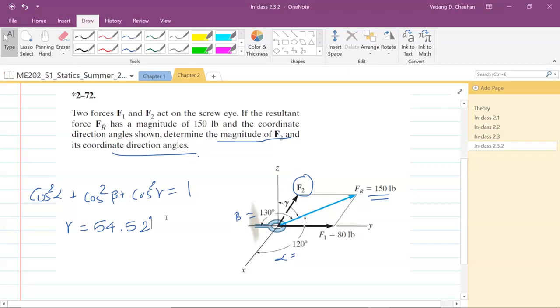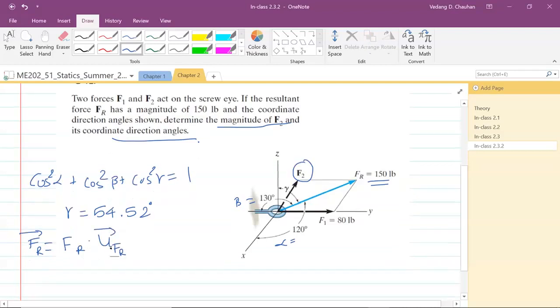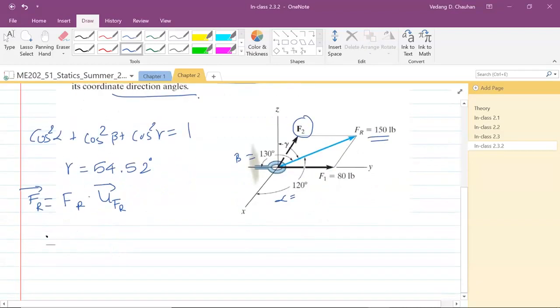Now step number 2 is we write down the resultant force as a Cartesian vector, Fr. So Fr can be written as the magnitude multiplied by the unit vector for the resultant force. And the unit vector can be written in terms of alpha, beta, and gamma.